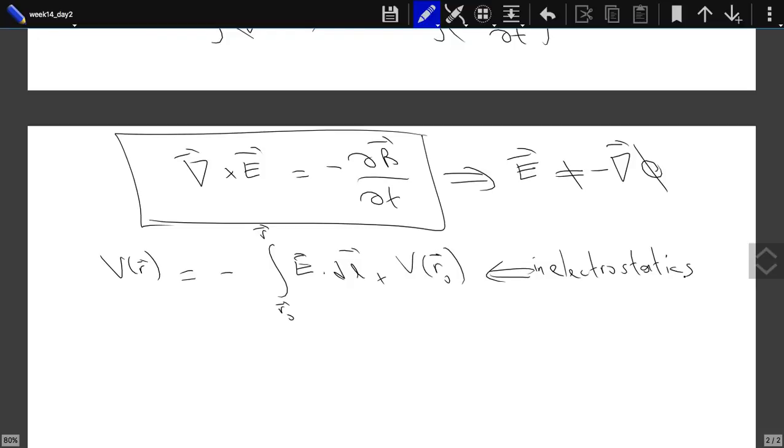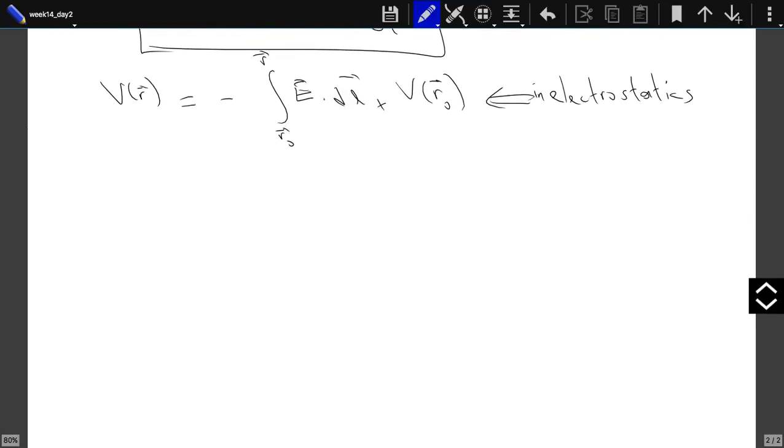We cannot define a potential. The potential, by definition, depends on the point only. Well, you see, the idea of defining the vector potential was based on this equation.